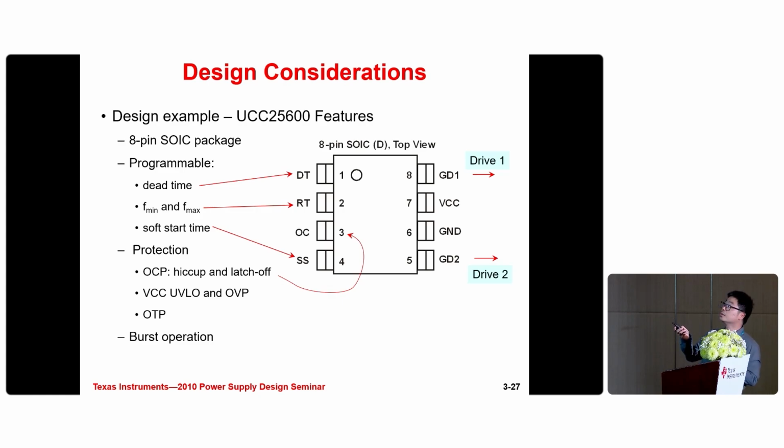It has two drivers here, and it also provides the programmable dead time, switch frequency, and the soft start time here. And it also includes some protection. And when the LLC converter is working at light load, this controller can also get the converter operating at the burst mode.